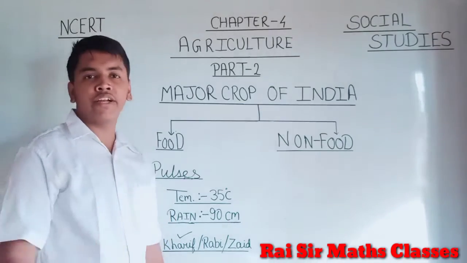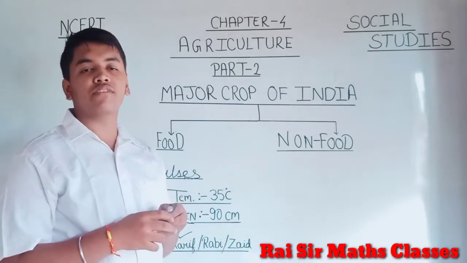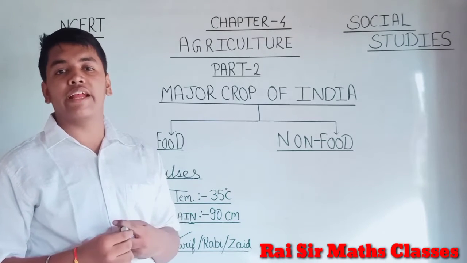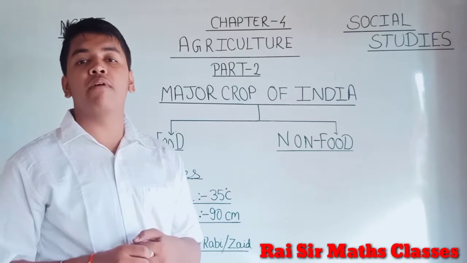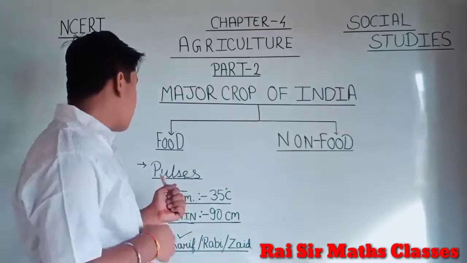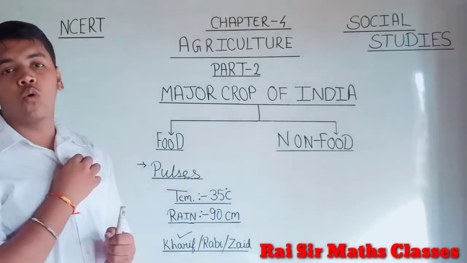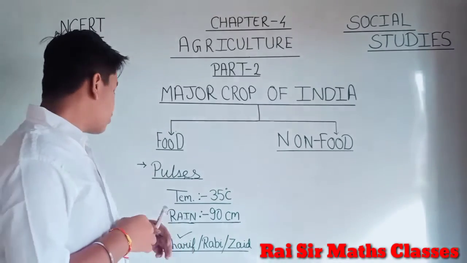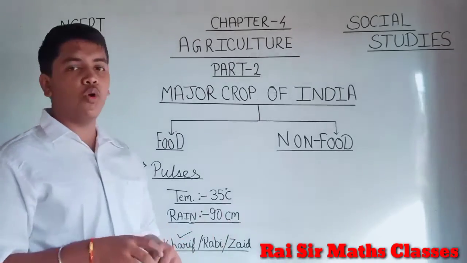So there are different kinds of pulses. We have studied tur, moong, urad, etc. Even we have many more. So these are all examples of pulses, and the whole qualification, or we can say the whole ability of the crop, is shown on this side of the board.